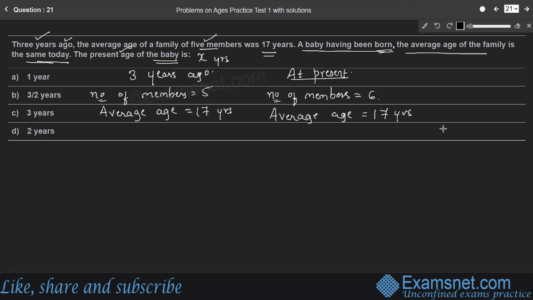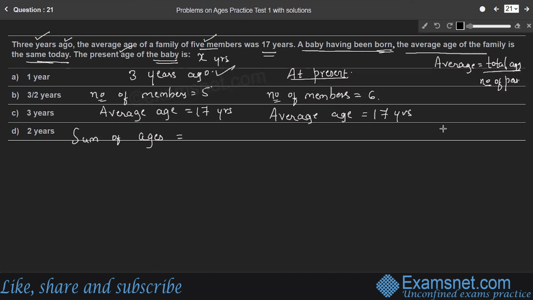So the sum of their ages 3 years ago is equal to, since average is the sum of the ages of family members divided by the number of members, according to the formula, the sum of the ages divided by the number of persons in that family.